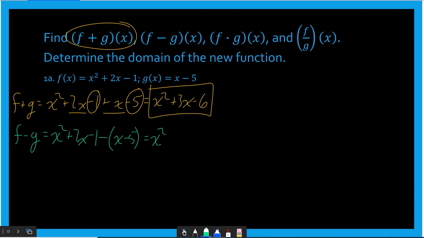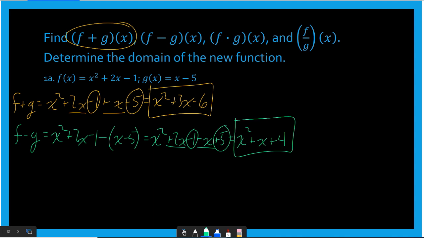So it's x squared plus 2x minus 1 minus x plus 5. Alright, so when we work through that, we still have the x squared. 2x minus x leaves us with x, and negative 1 plus 5 is going to be 4. So that gives us x squared plus x plus 4.